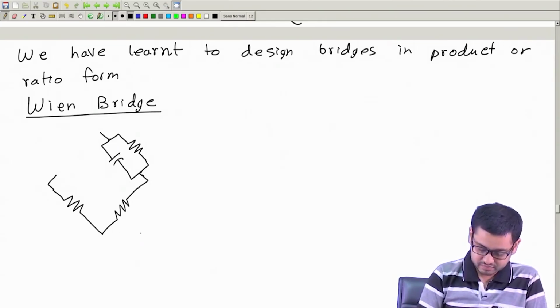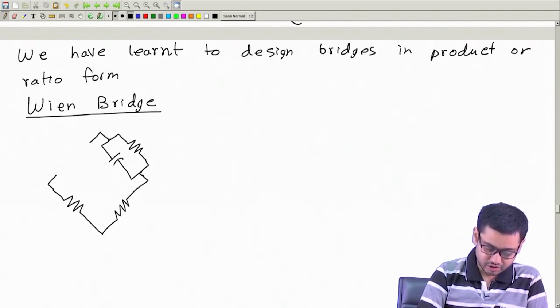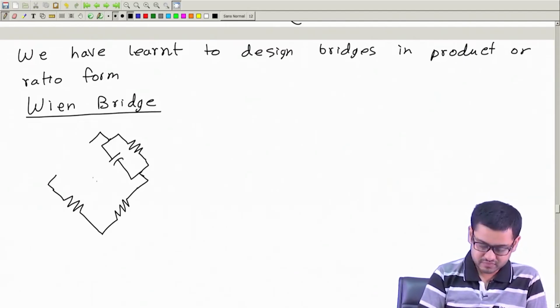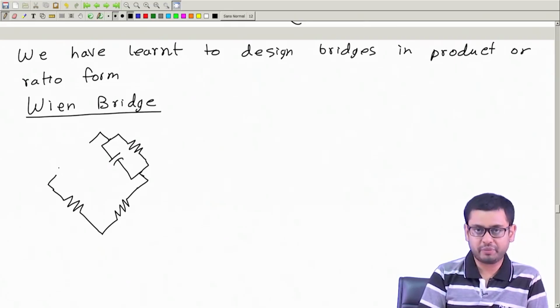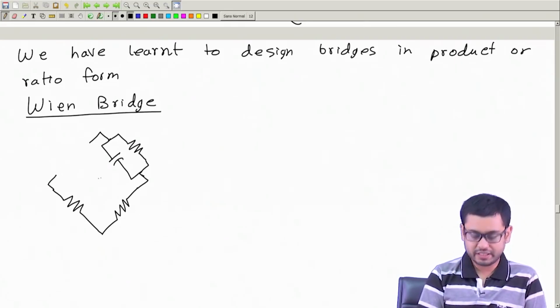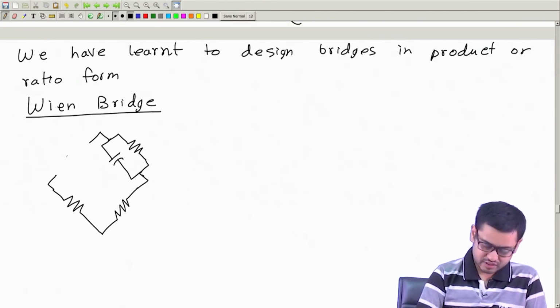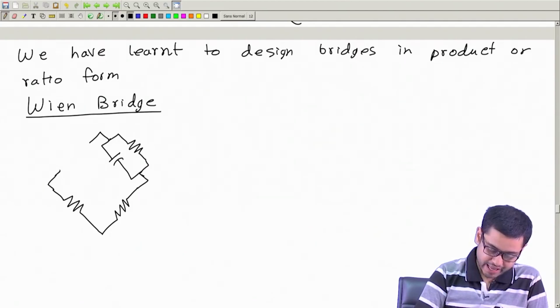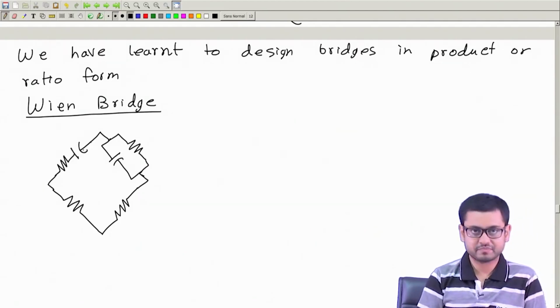And had it been a nice ratio bridge, we should have this element, this branch, as a parallel combination of capacitor and resistor. Okay. Then the balance equation becomes easy, but we will have the R and C in series.